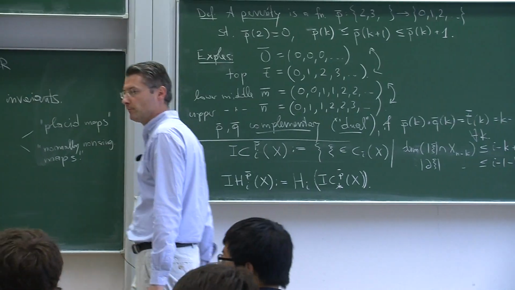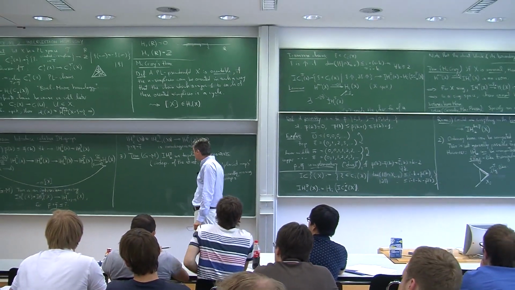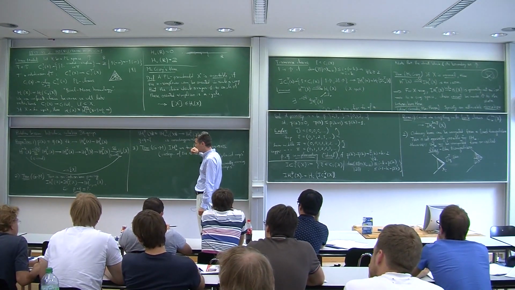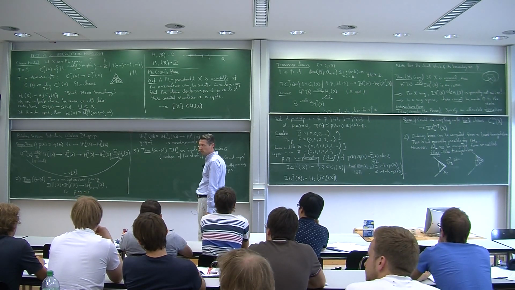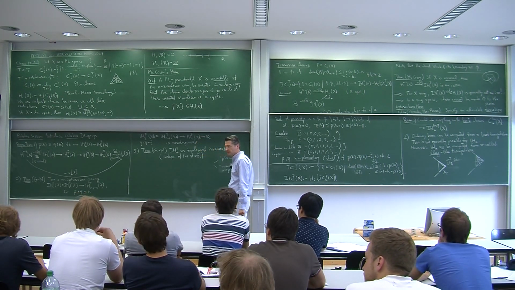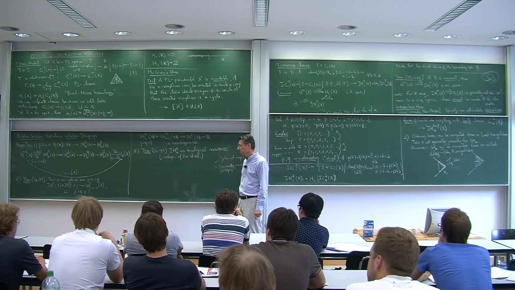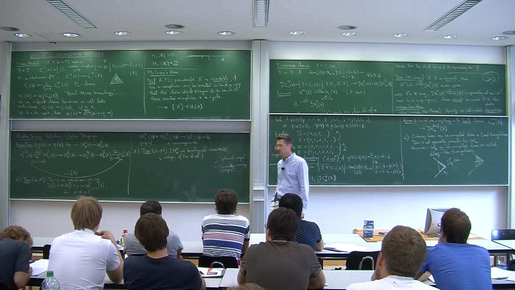What does topological invariance mean exactly? This means that a homeomorphism of topological spaces induces an isomorphism of intersection homology groups, no matter what triangulation you use. It's not so easy to prove.